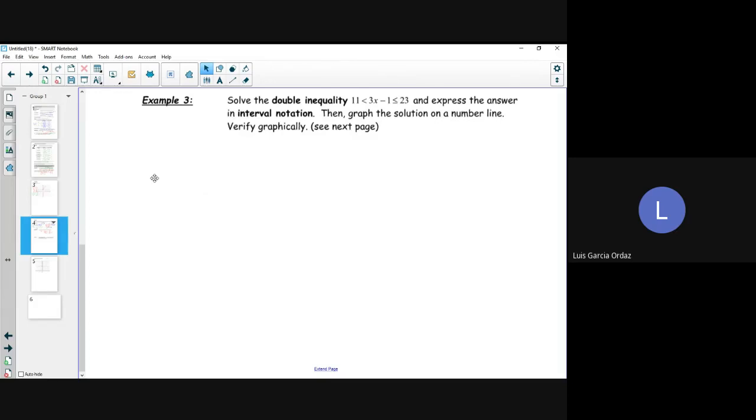And we want to express the answer in interval notation. And then we want to graph the solution on a number line. And we want to verify it graphically on the following sheet. So let's just write down our double inequality again. So we have 11 less than 3x minus 1, which is less than or equal to 23.